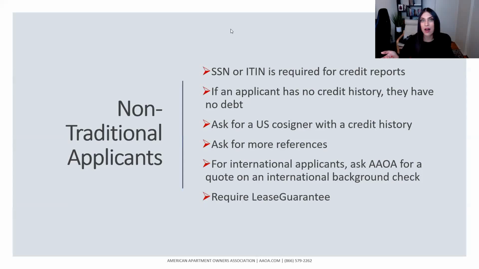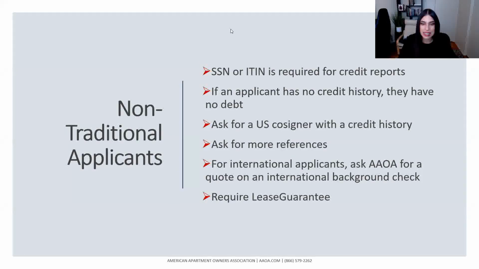It's just going to say NA, not available. And even if you did see a low credit score, what does that really mean? If they have no debt and no credit cards, what are they basing it on? So I would say someone with no debt is less risky than someone with high debt and a better credit score.